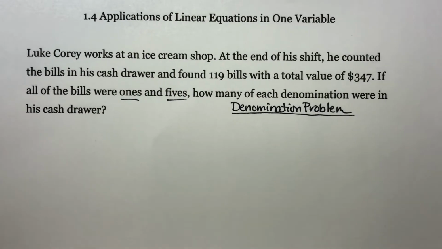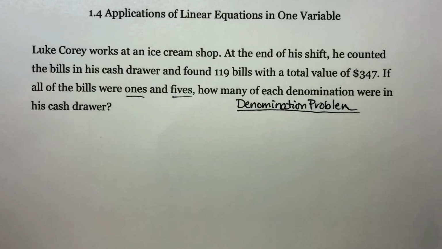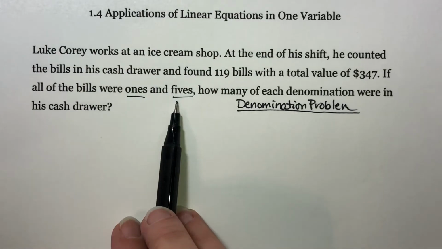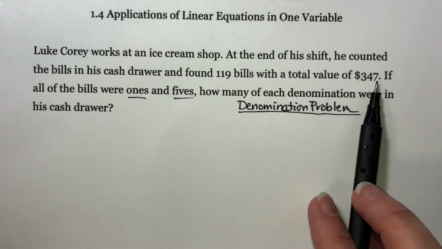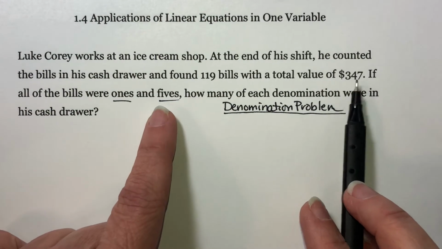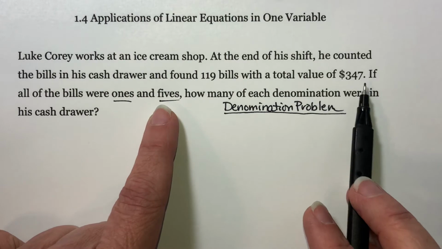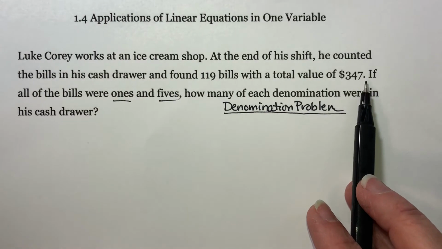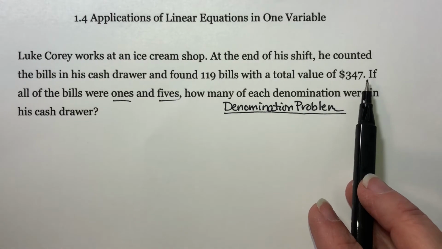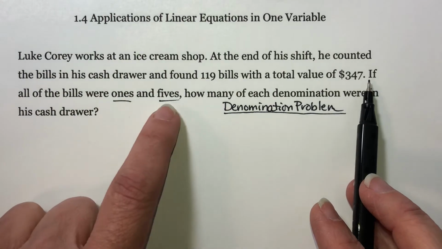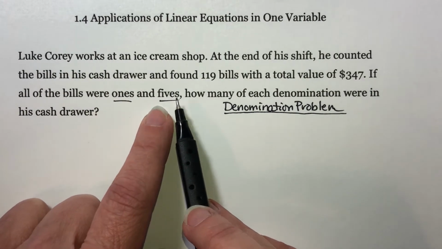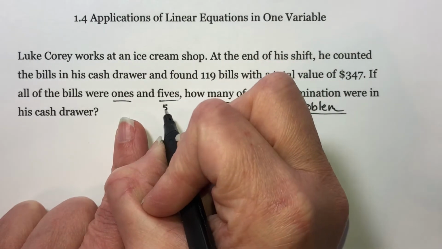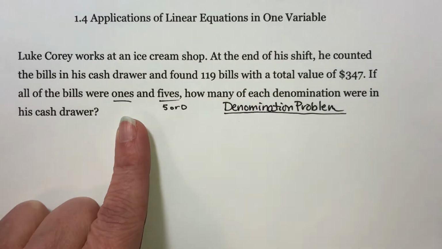Okay, so let's go to this one. I have ones and I have fives. I have 119 pieces of paper, and I know I end up with $347. One thing you can look at to get an idea of what kind of answer you expect: if all I have are ones and fives, the amount of money I get from the fives is either going to end in a 5 or a 0, right?